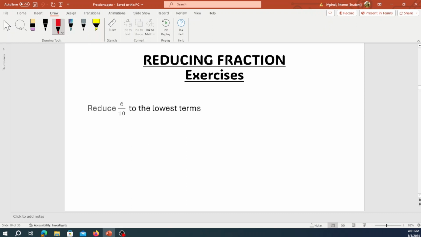So what I do here is, let's say we rewrite 6 over 10.